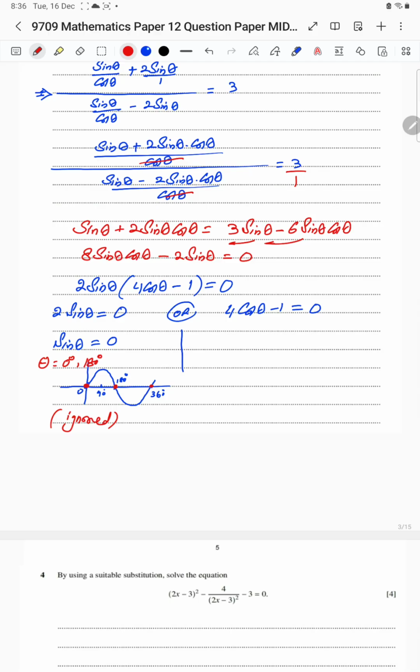Now go with the second case. Here cos theta will be 1 by 4, so theta will be cos inverse of 1 by 4. In degree mode, with the calculator, to 3 significant figures, theta will be 75.5 degrees.